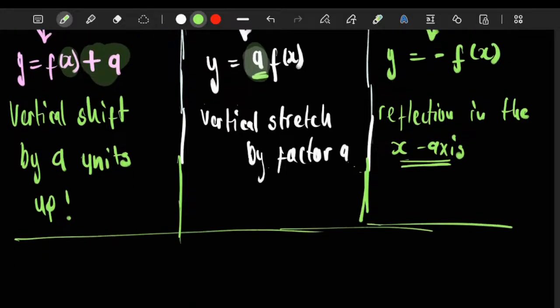So I'm going to load some questions. Give me 1 second. Okay, I'm going to load a question. Let me load a question.